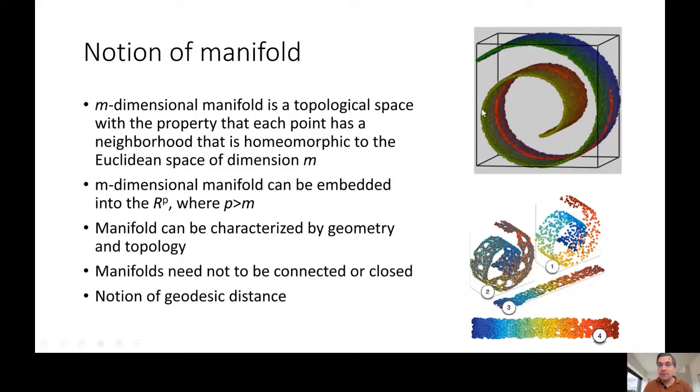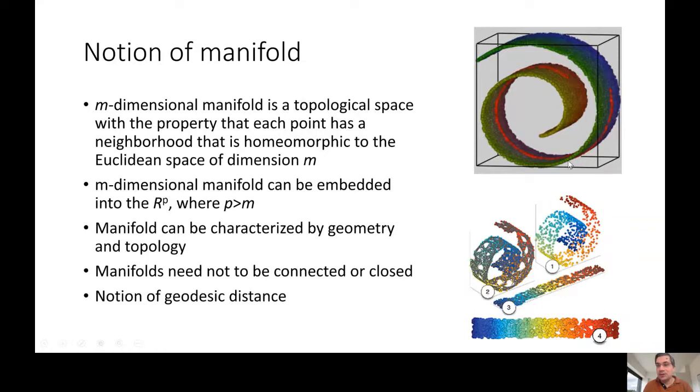The idea is that if we take two points on the manifold and we would like to connect them by a shortest path from point A to point B, since we are allowed to go only through the points of the manifold and not directly from point A to B in the ambient space, our geodesic distance might be much larger than the direct distance computed in the ambient multidimensional space.